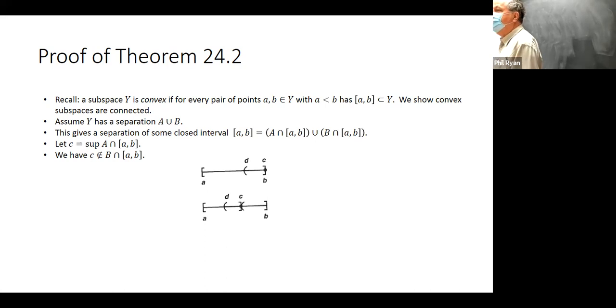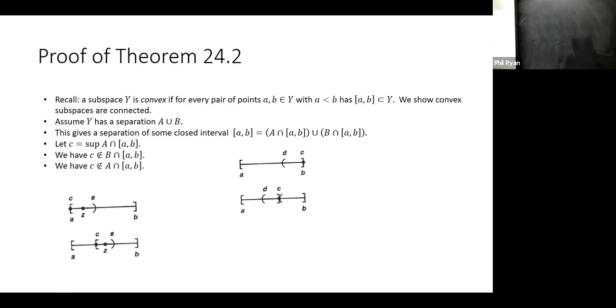But D is a better upper bound than C. Okay, so that can't be. So that means that C has to be in this set here. Why can't that be?